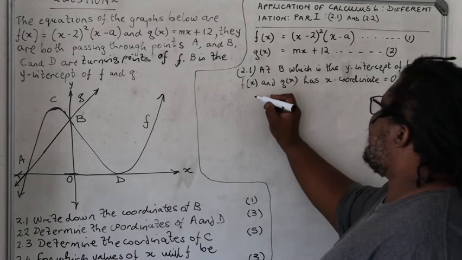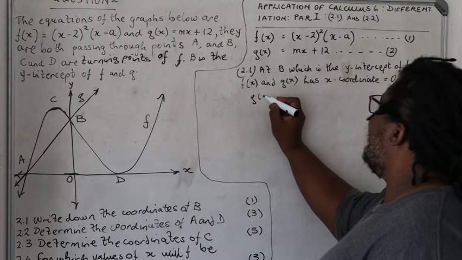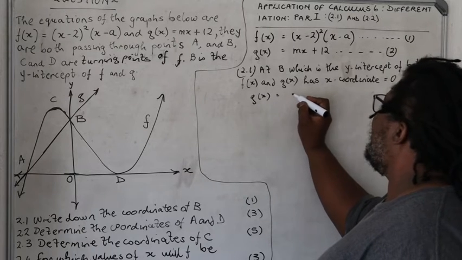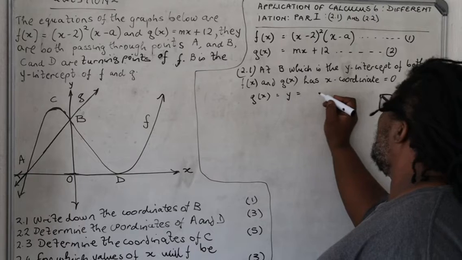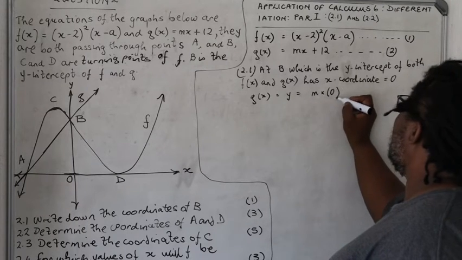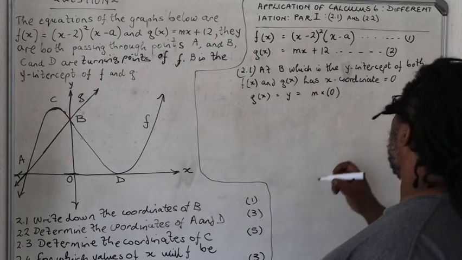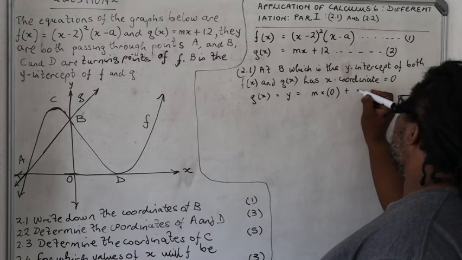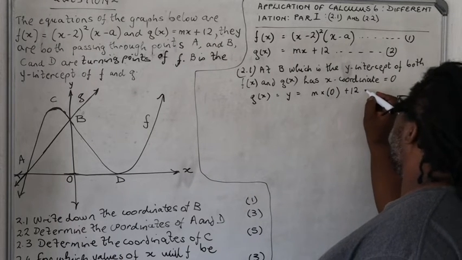So g(x), which is y, is equal to m, the unknown, times 0, which is our x coordinate at B, plus 12.